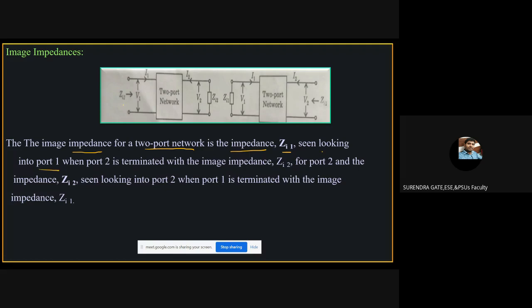That means if Zi1 is seen from port 1 when port 2 is terminated by Zi2, and Zi2 is seen from port 2 when port 1 is terminated by Zi1, then Zi1 and Zi2 are called image impedances.